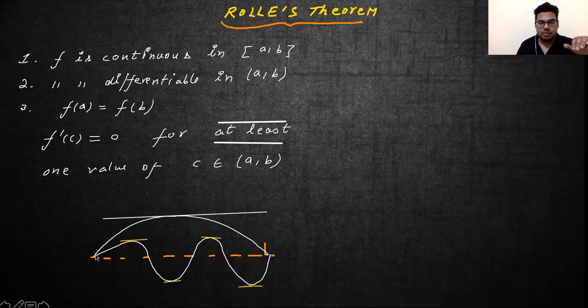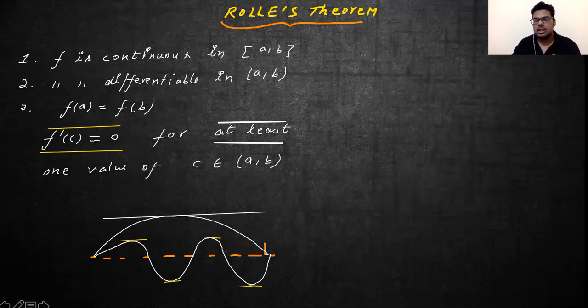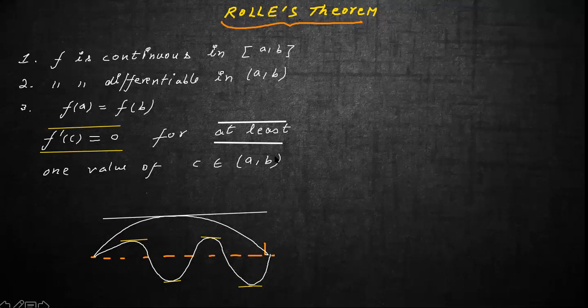But when you are moving from this point to this point, at least one point you should get where the tangent will be parallel to the x-axis, which is f dash c equals 0. So this means that for at least one value of c, this will be happening, where c is lying between the point a and b. So from the graphical thing, you can also make out that this statement is true and why this is true.